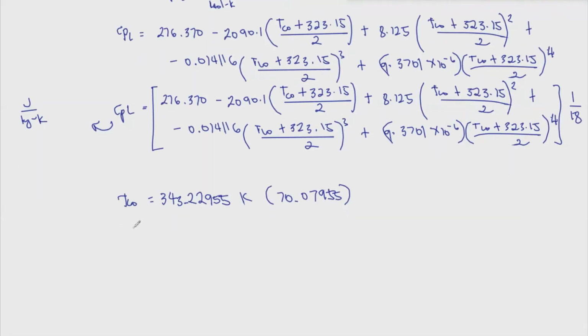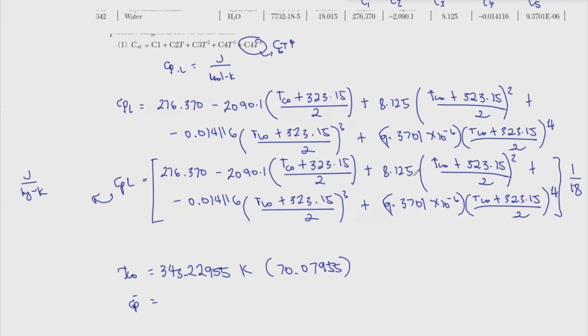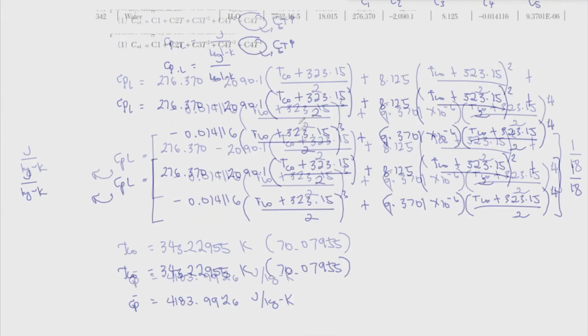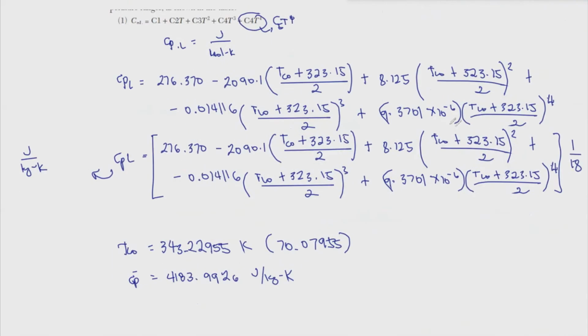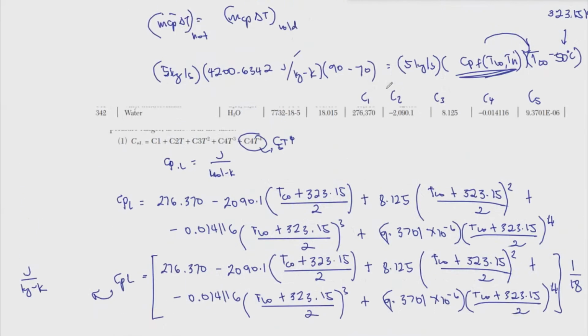For the average specific heat capacity of this cold fluid, you can obtain that by the same formula. What we'll get there is 4,183.9926 joule per kilogram Kelvin. So in this case, we don't break any rule with being consistent with all the average or bulk temperature that we need to use in this kind of equation.